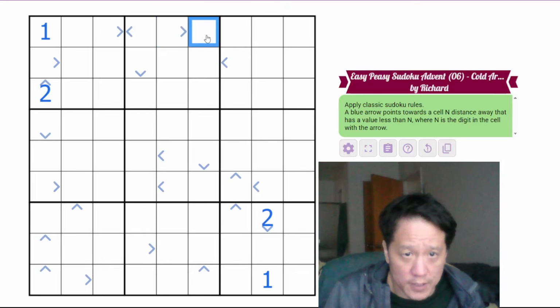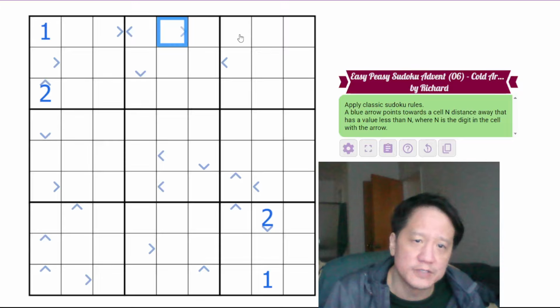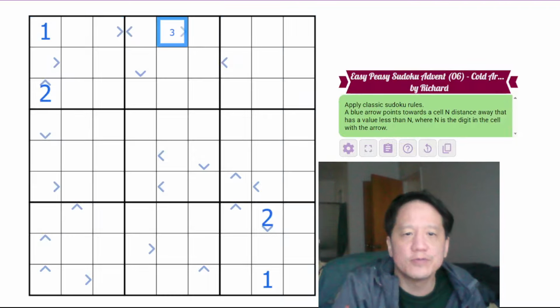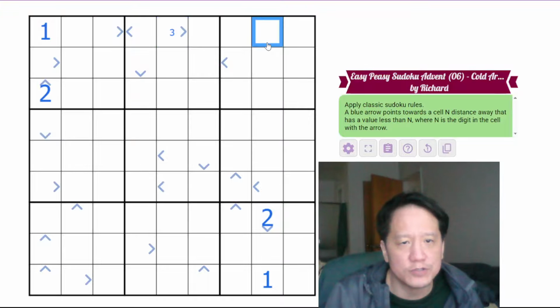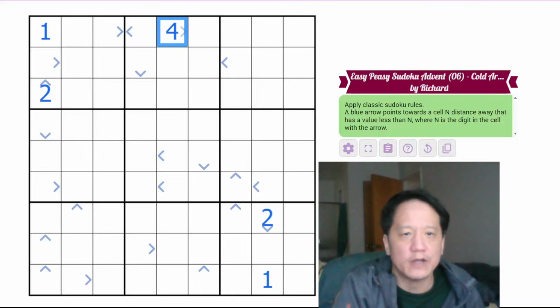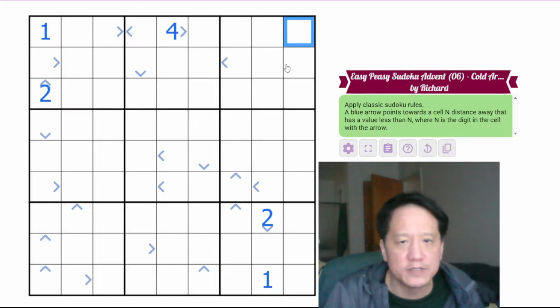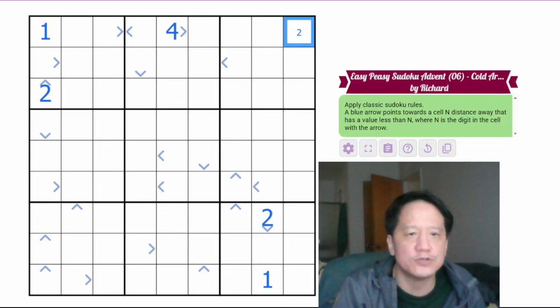This cannot be 1 away, could be 2, cannot be 2 away because 2 is greater than only 1, and we already have a 1 in the row. So this could be 3 away if this is 1 or 2, but that's not possible because we have a 2 or 1 in the column. So this has to be 4 away, which means this digit is either 2 or 3.